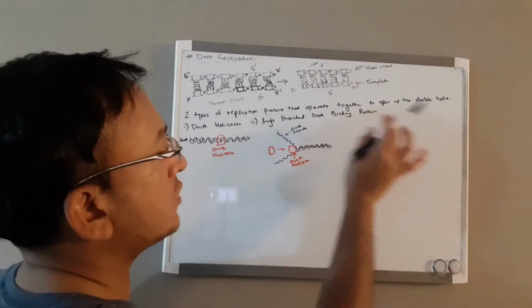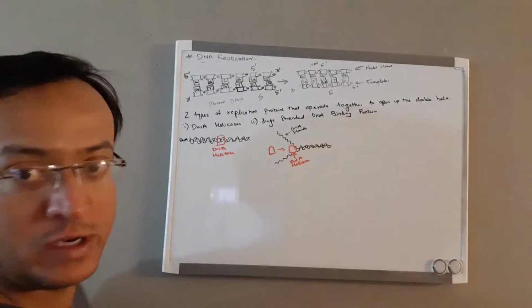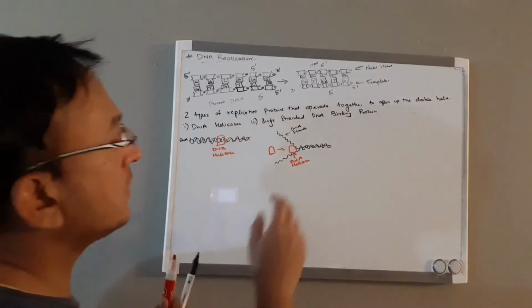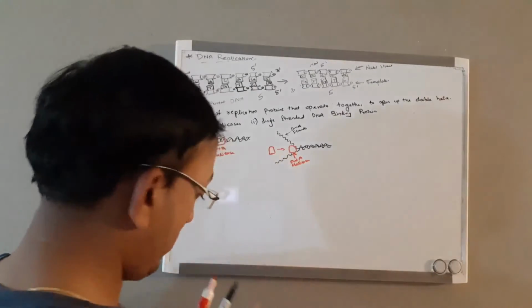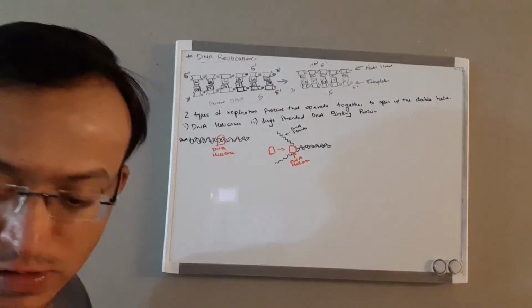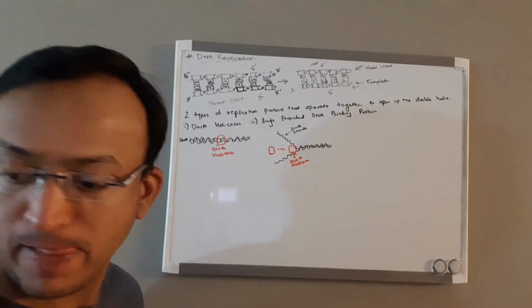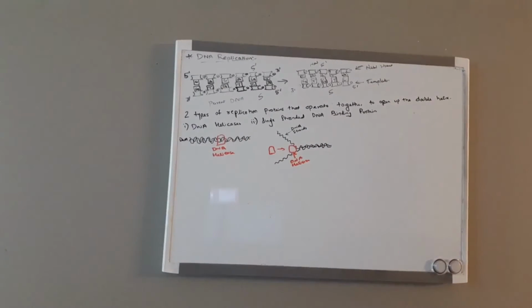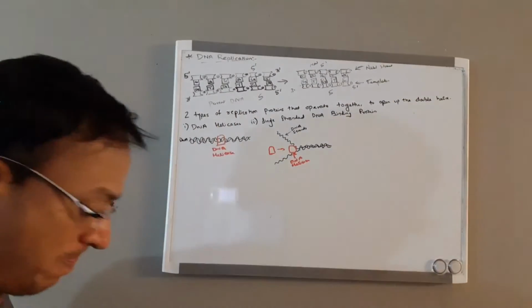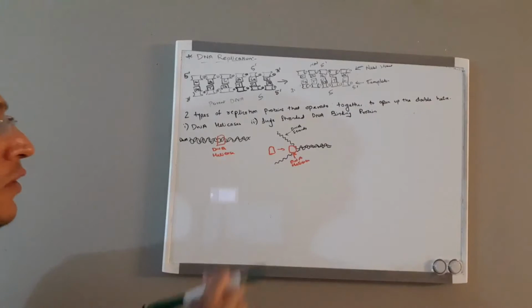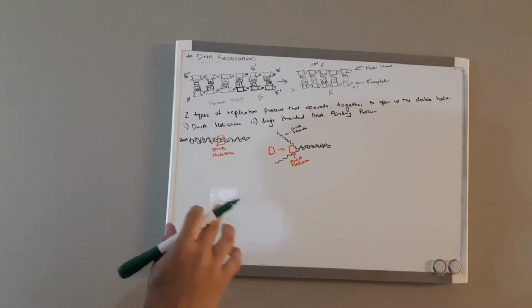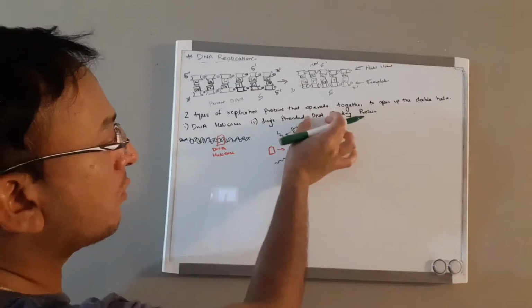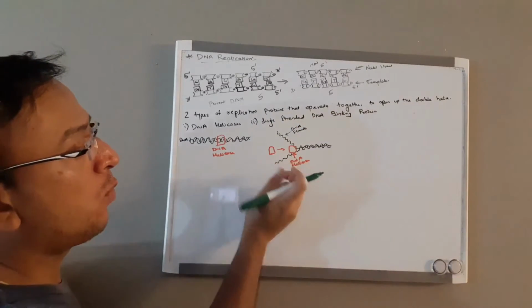Now the second one, the single stranded DNA binding protein. What does this protein do? I think we'll need some other color, maybe dark green. This protein will hang on the open DNA.